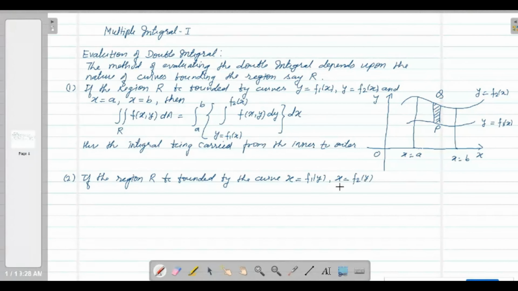x equal to f1(y), x equal to f2(y), and just write down y equal to c and y equal to d.